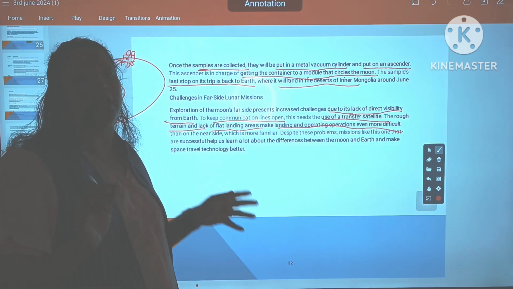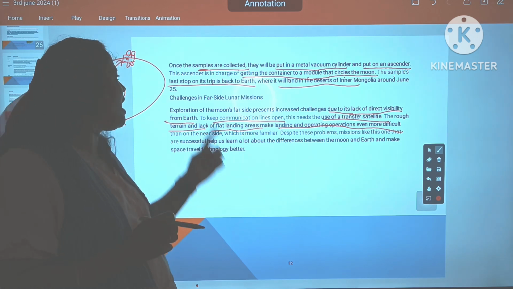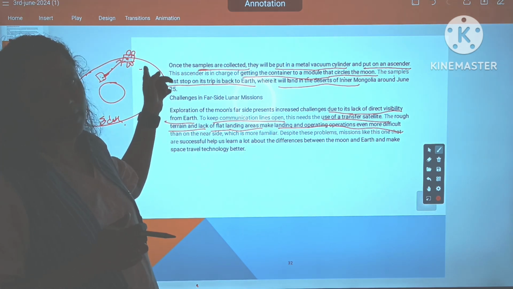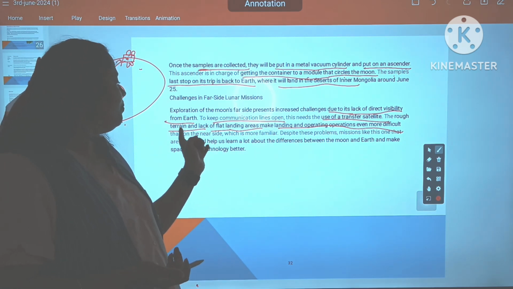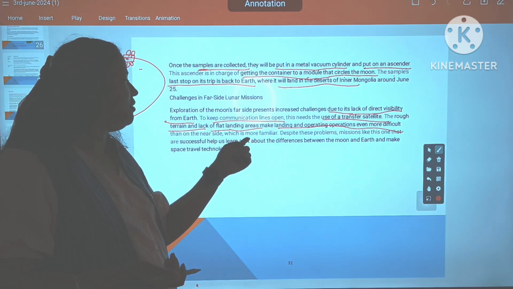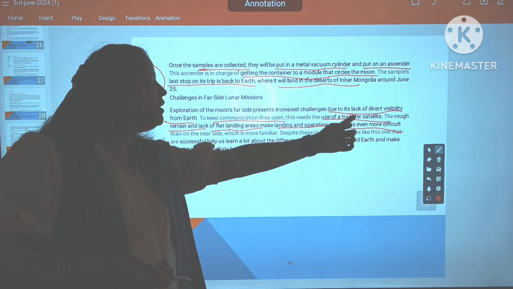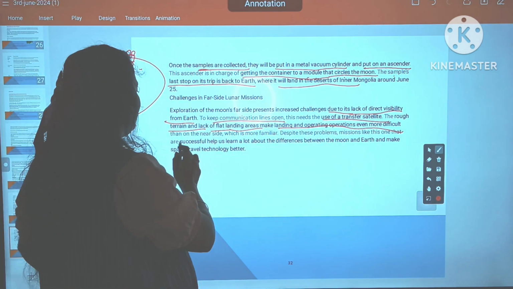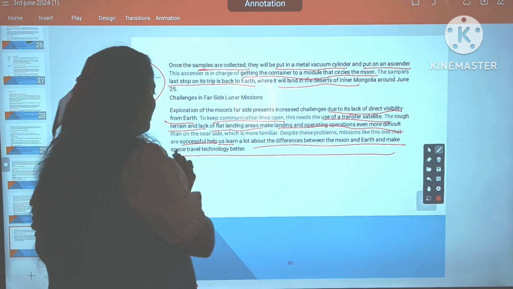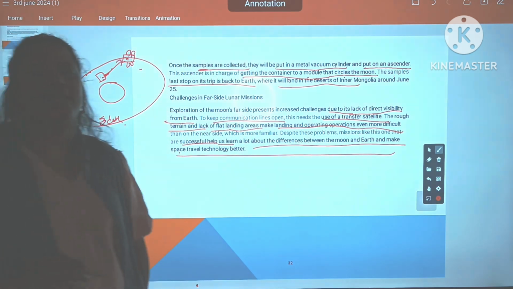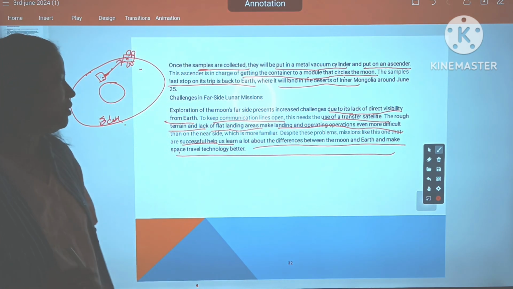It's not that easy. They have to collect the dirt, they have to give the dirt to the satellite. When the satellite comes to Earth, when China receives it, by that time flat landing is difficult. Use of transfer satellite is difficult. Many difficulties are there in this mission. So all these issues should be sorted out to make China successful in its mission.